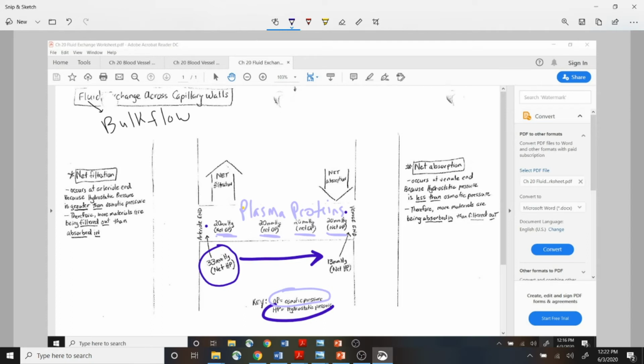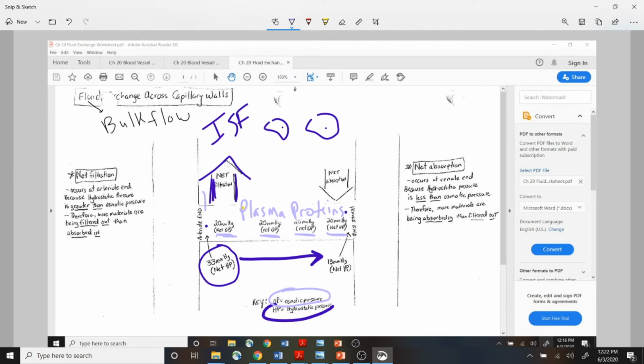So basically, because 33 blood pressure is higher than 20, we see more fluid actually getting pushed out of the capillary bed because there'd be cells and tissues in here, right? Remember, this is interstitial fluid. We see more substance getting pushed out, filtration, than we do substances pulled in, which would be absorption.